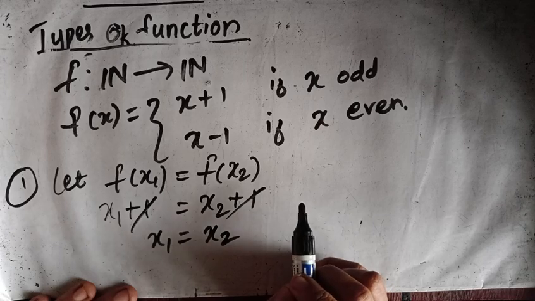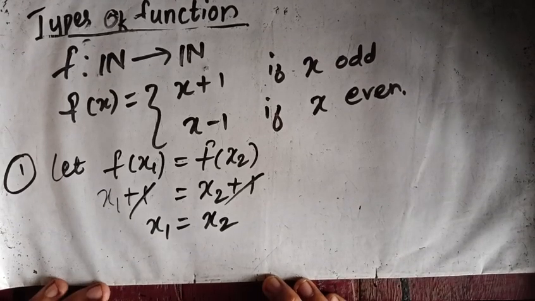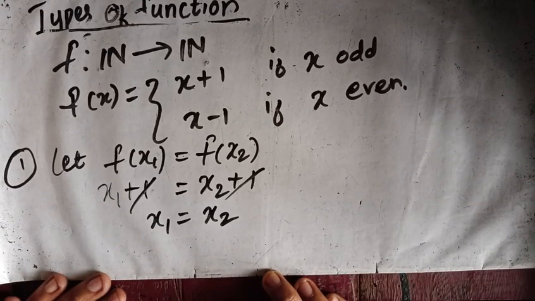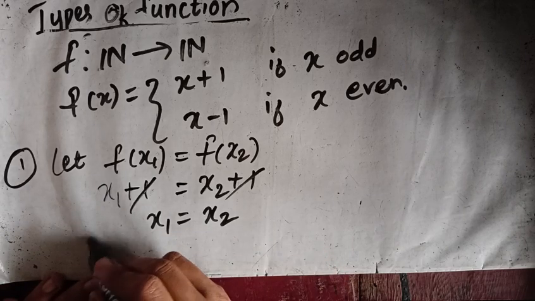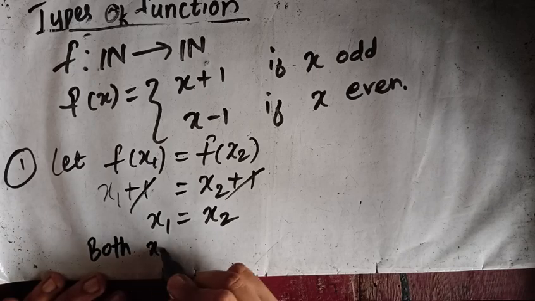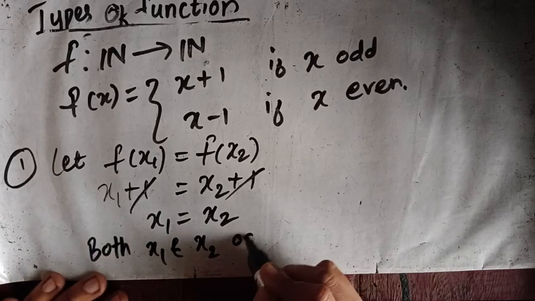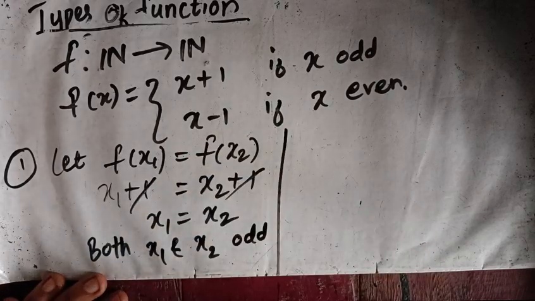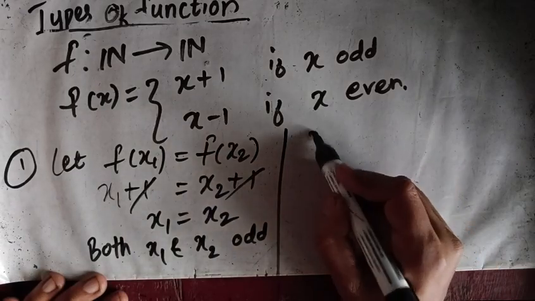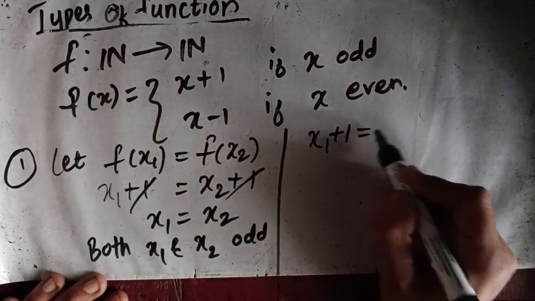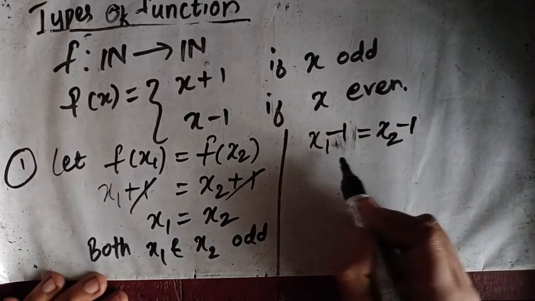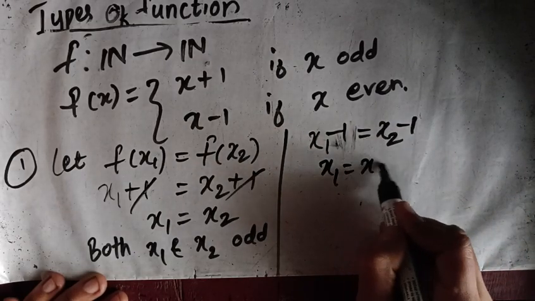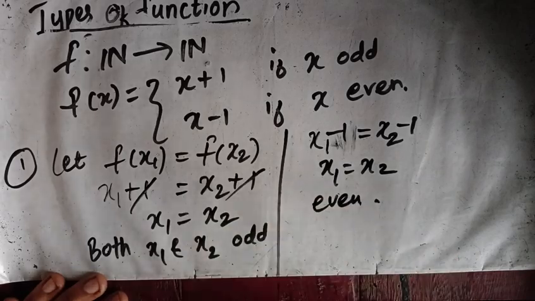Okay. If we take, suppose, this is possible only if both x1 and x2 are odd. Okay. Same way for even, x1 minus 1 is equal to x2 minus 1. This is for even. Okay.